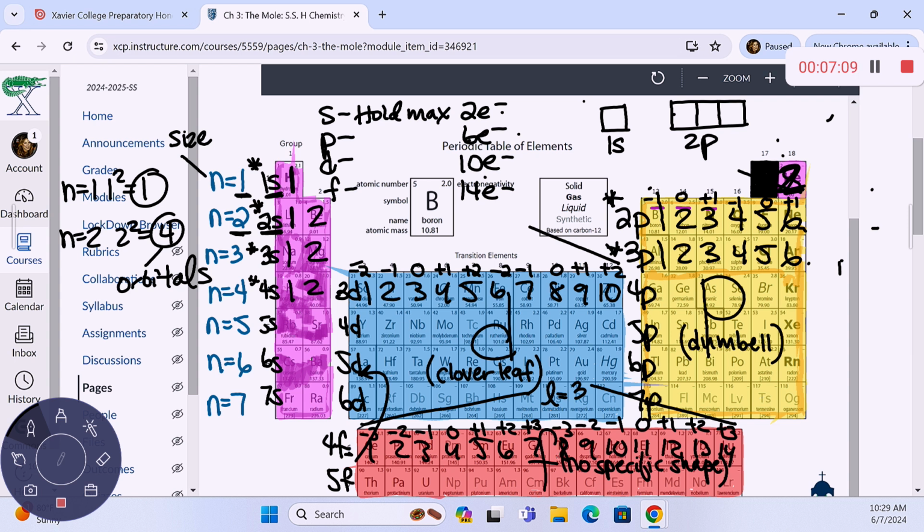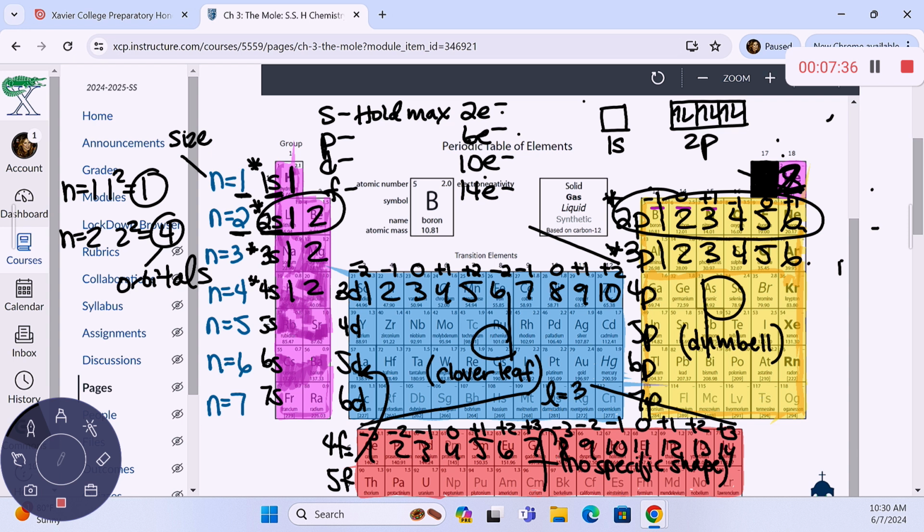Each p has 3 orbitals. We typically draw them attached to each other. And each one of them can hold a maximum of 2 electrons. Okay, so the reason why I have 4 orbitals in n equals 2 is because I have an orbital for these electrons in 2s, and then you would have 3 orbitals for the 6 electrons in 2p. And I'll be drawing all this out.